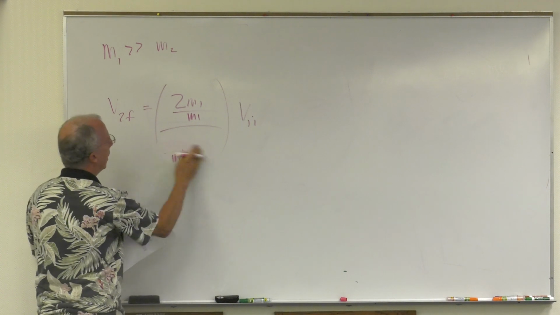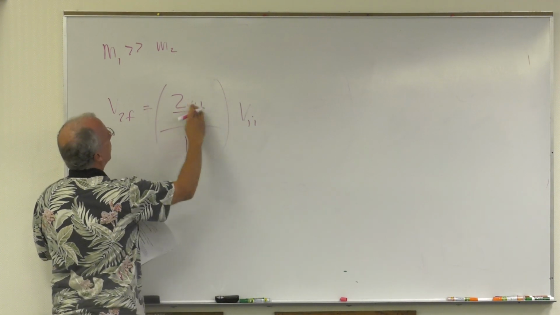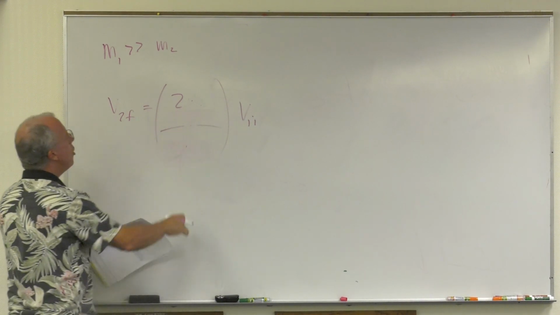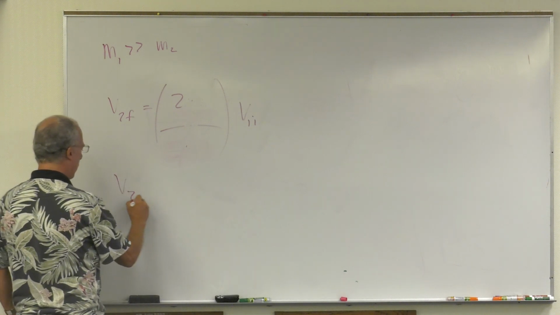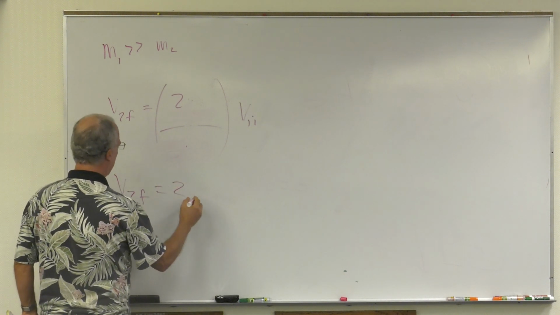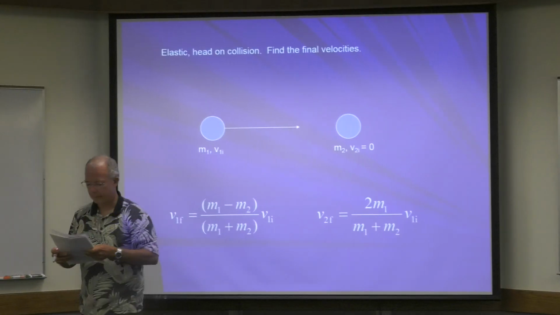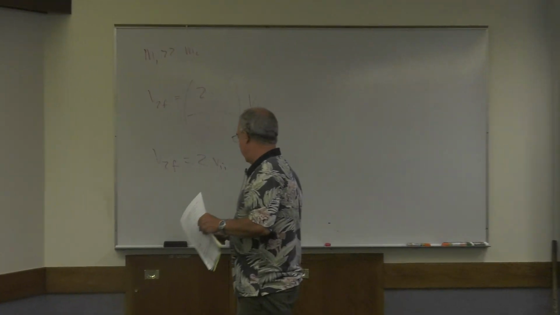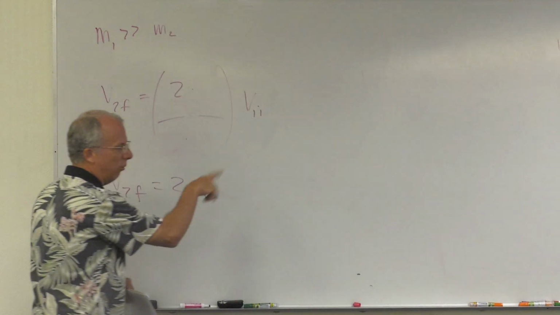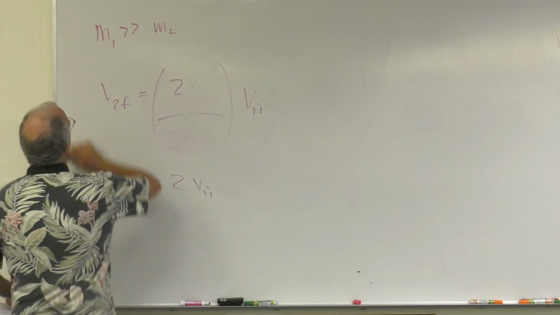M1 over M1 is 1. M1 over M1 is 1. So you get 2. So V2 final equals 2 V1 initial. Be sure you can do that little ratio trick.